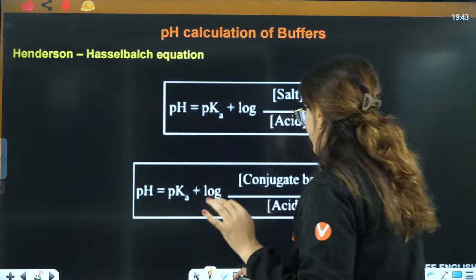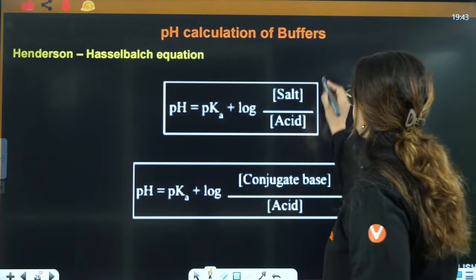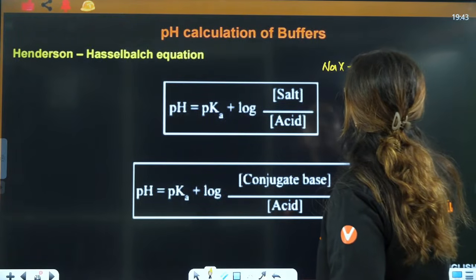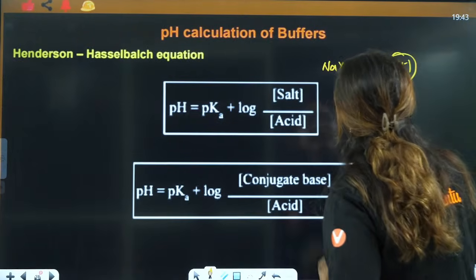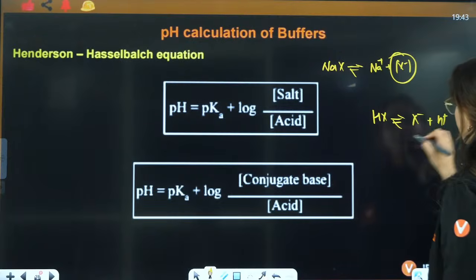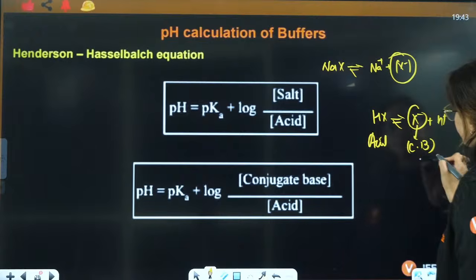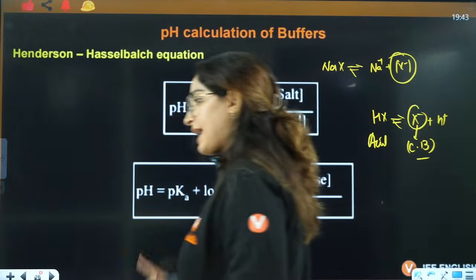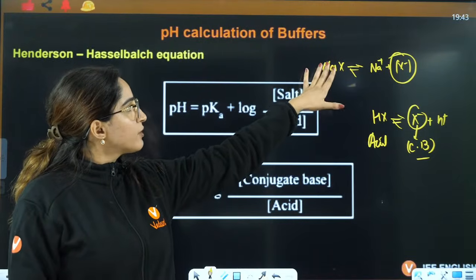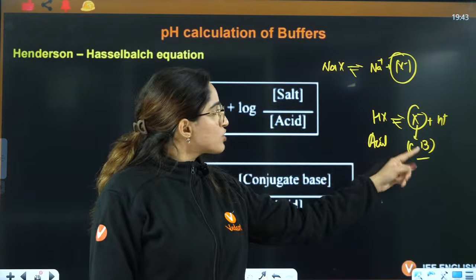So pH equals pKa plus log of salt by acid. Now tell me one thing, why have we written conjugate base? Because the salt NaX gives you Na positive plus X negative. HX gives you X negative plus H positive. If HX is an acid, isn't X negative its conjugate base? NaX, if you have 100 molecules, is giving you X negative, and X negative is also the conjugate base of HX.